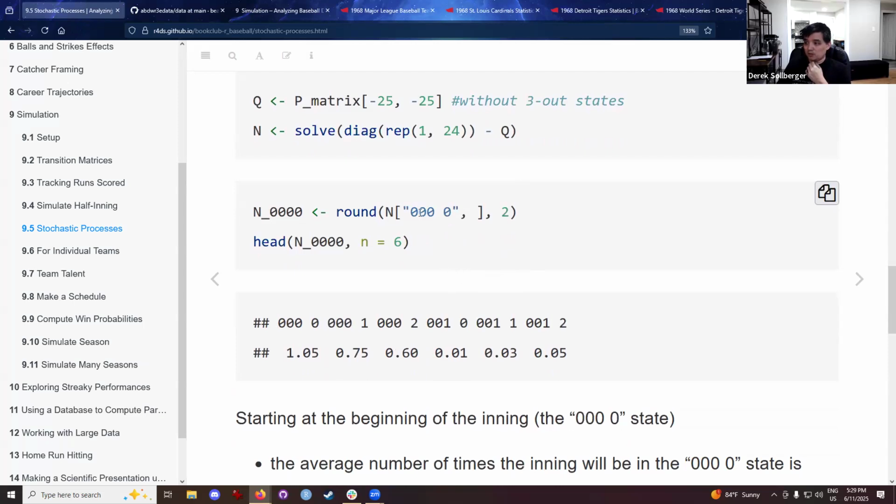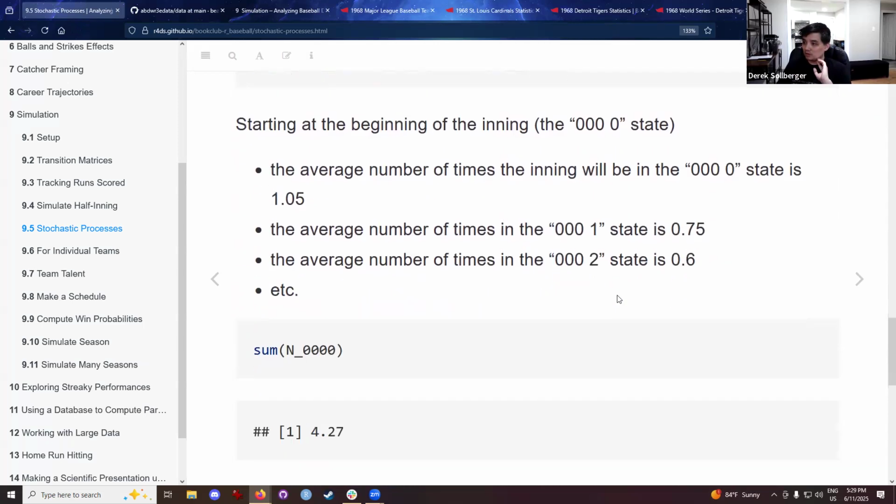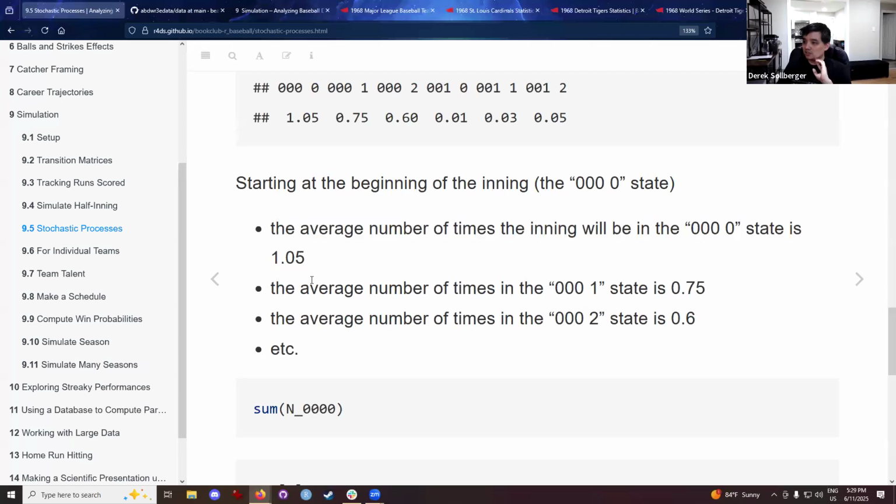For example, starting with the bases empty, 0 outs situation, we could have this array of the average number of times you're going to end up in the other nodes of our network. Reading this off more succinctly, the average number of times the inning will be in that no base runners, no out state is 1.05.